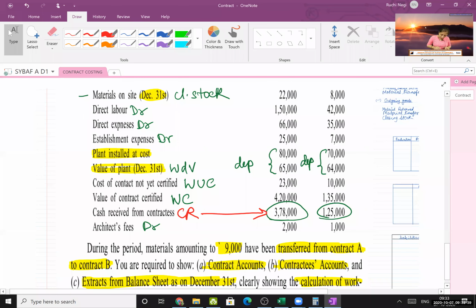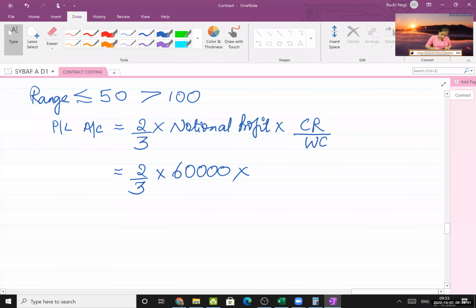Substitute. 3,78,000 divided by work certified 4,20,000.